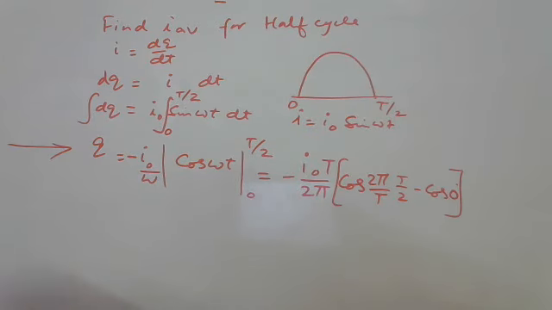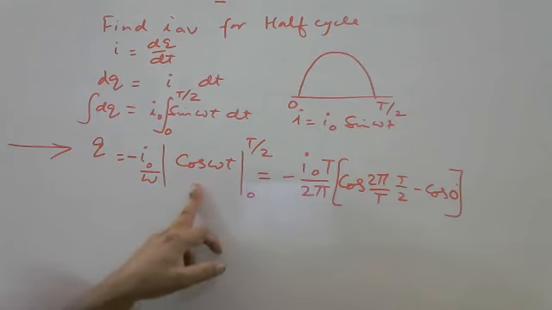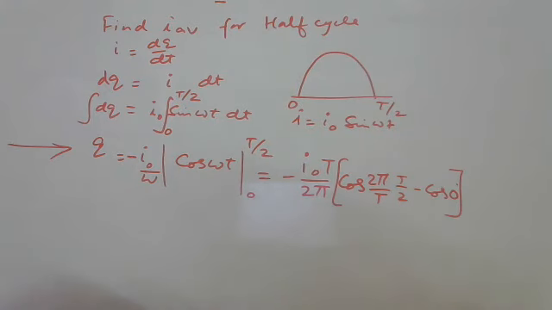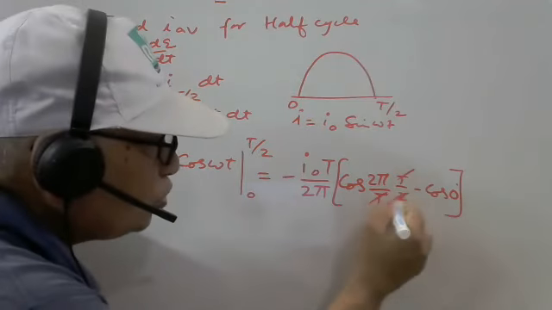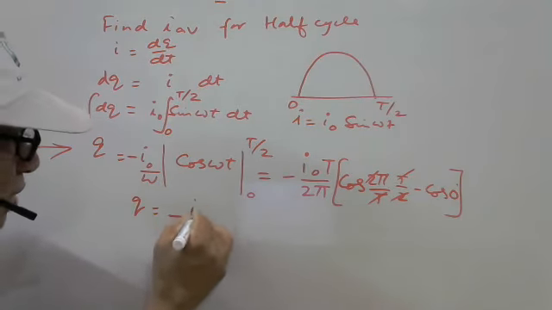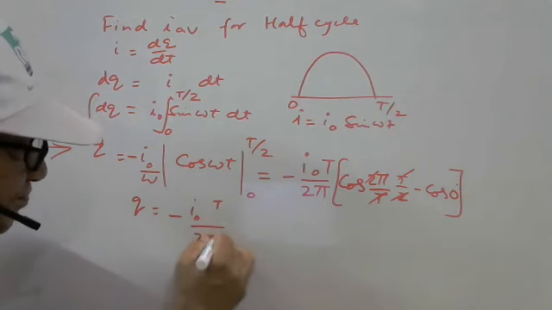Simply there is the formula, putting the upper and lower limit here. Now t cancels out, 2 also cancels out, and q will be minus I naught t upon 2 pi.